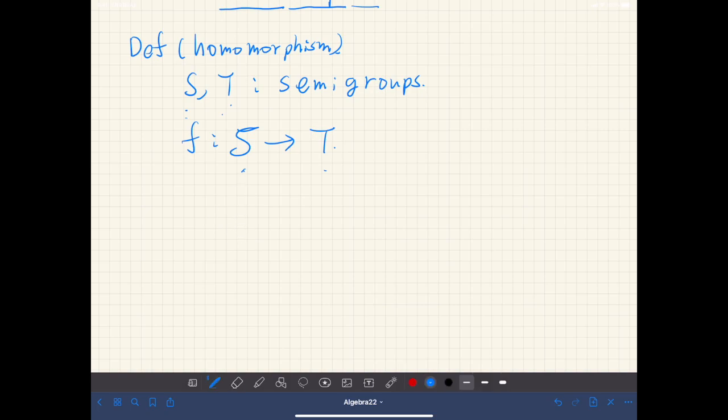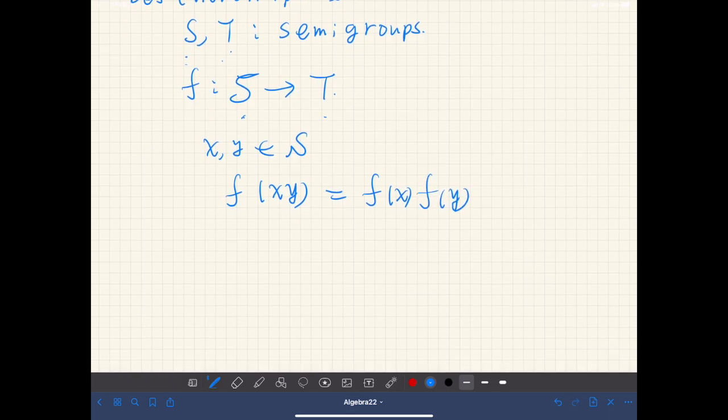If x and y are elements of S, then f(xy) is f(x) times f(y). And of course, this is an element of T. If this holds, then we say f is a homomorphism.